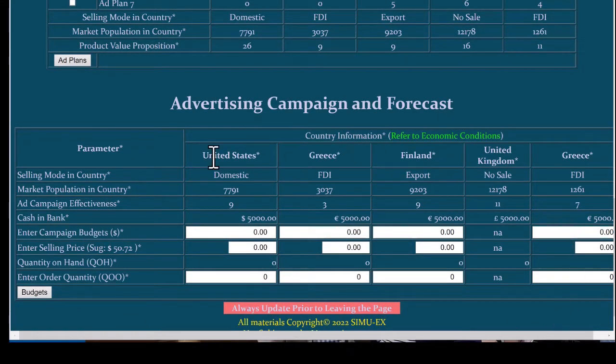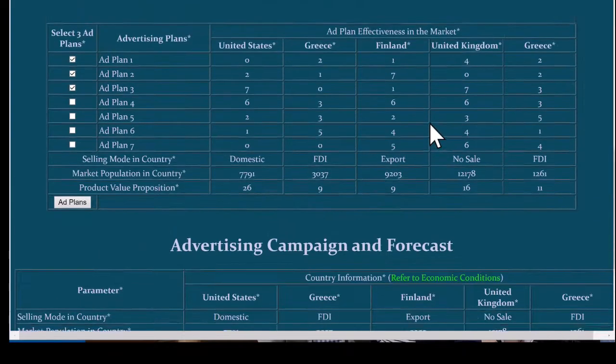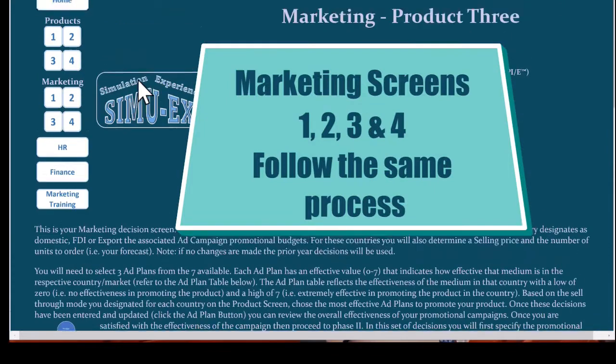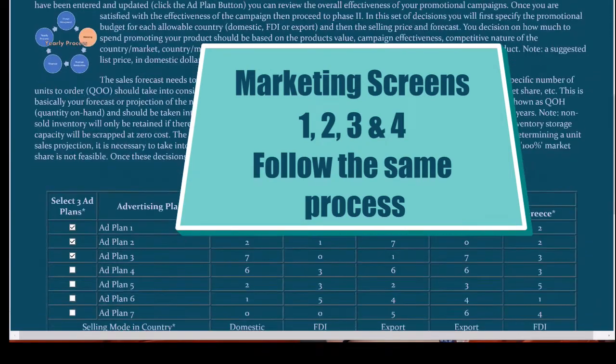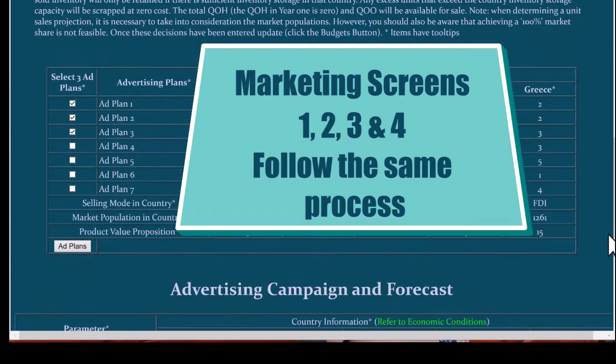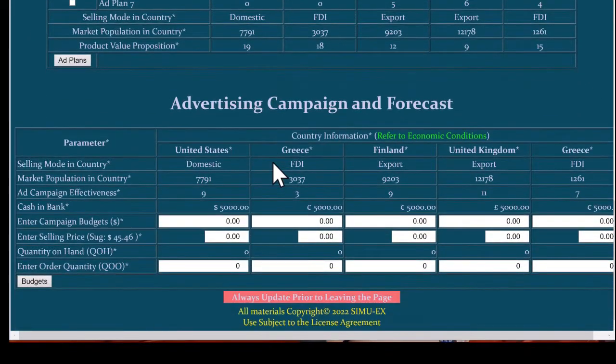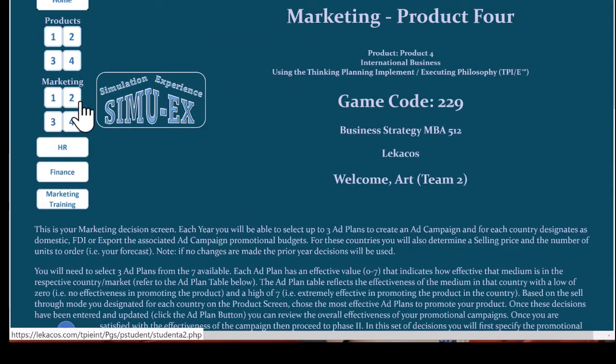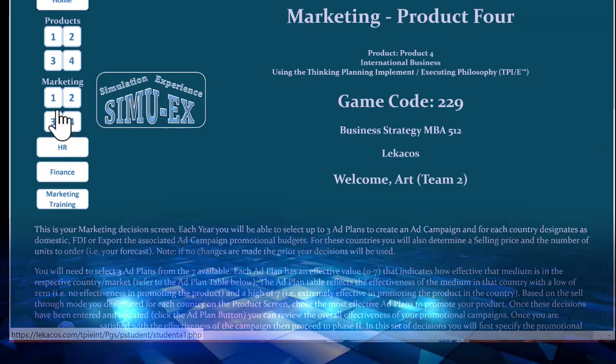It has the same set of promotional budgets, pricing, and order quantities that we had in product marketing screens 2 and 1. And the same thing holds true when we go to product number 4. So marketing screens 1, 2, 3, and 4 are identical in terms of the decisions that need to be made. The goal is to create an advertising campaign unique to the product, and then a promotional budget, a pricing regimen and a selling cycle that we would employ.